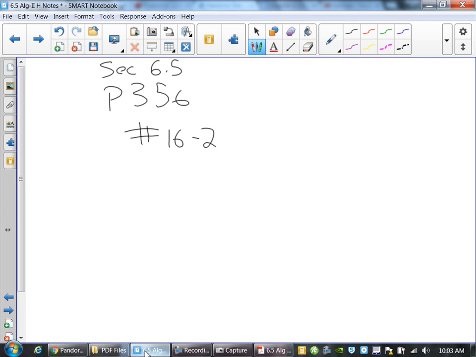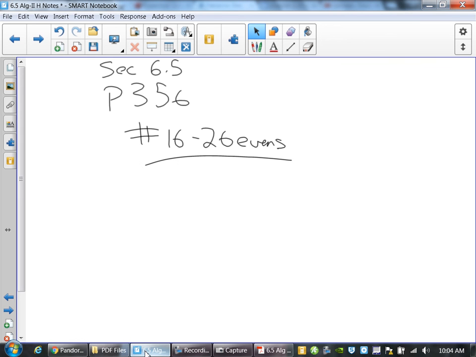Go 16 through 26 evens. I think there's like 7 of them. Are evens in the back? Nope. One word. I'll put it up here in a second. Take a picture of it, throw it on the board so you guys can look at it. Got a couple minutes to start on it.